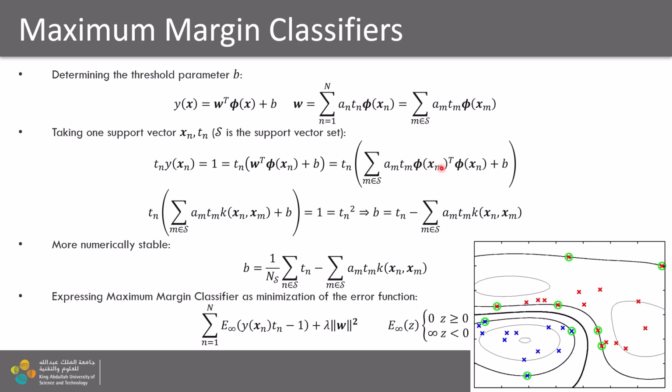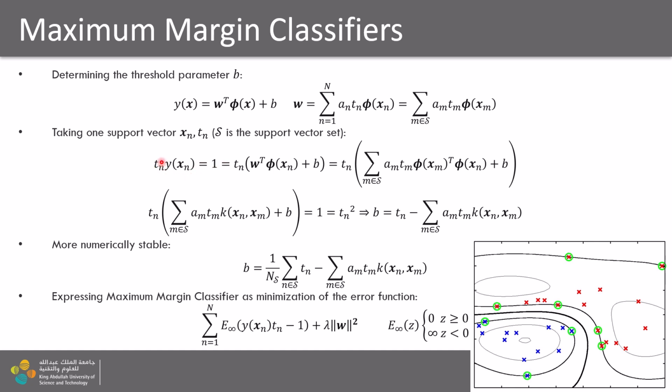And then after we perform this sum, we can add the bias term. So we start with the definition of any point which is a support vector. This whole formula holds: tn y(xn) is equal to 1.